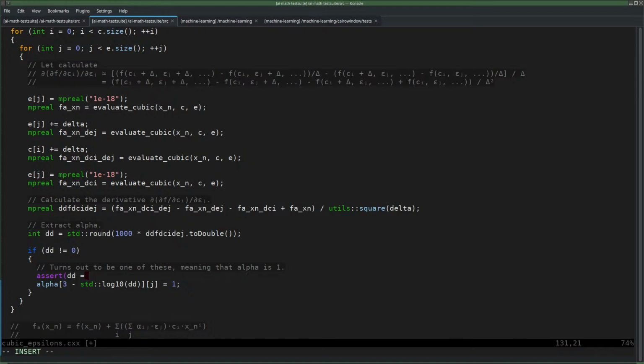So in this case it should be equal to 10 to the power, the opposite of what I do here, right? So that is 3 minus i. So if i is 0, then this should be 1000. So it is 3 minus i.